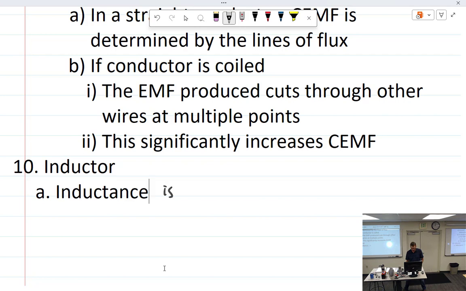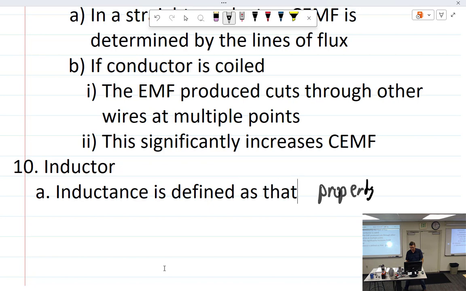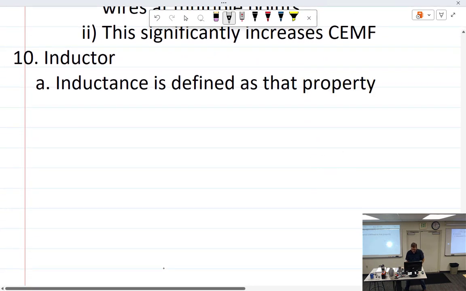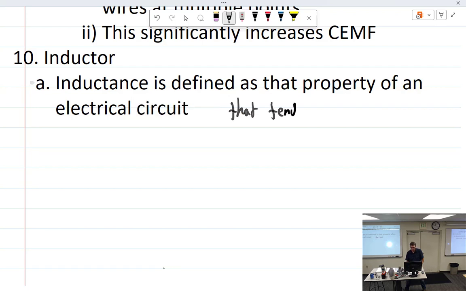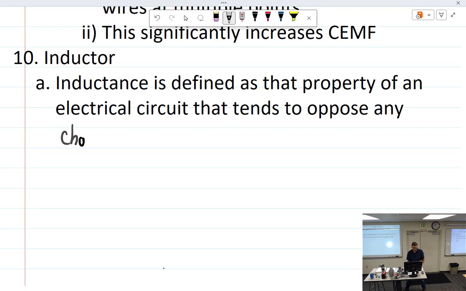Inductance is defined as that property of an electrical circuit that tends to oppose any change of current through the circuit.